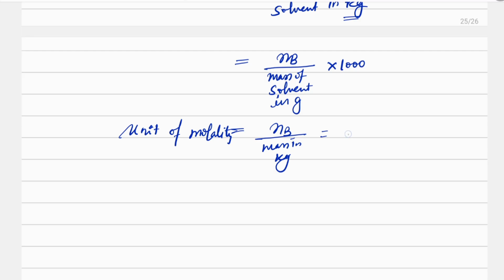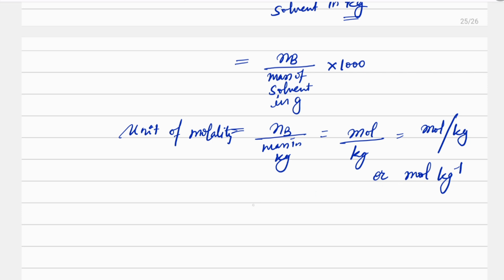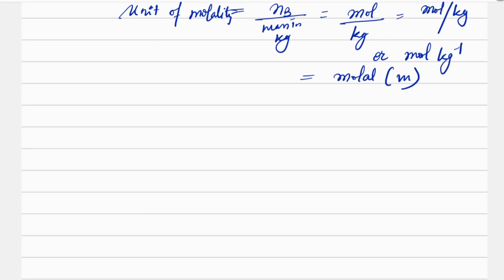So the unit is mole per kilogram, or mole kilogram inverse, which is also written as molal. It has the symbol of small m.